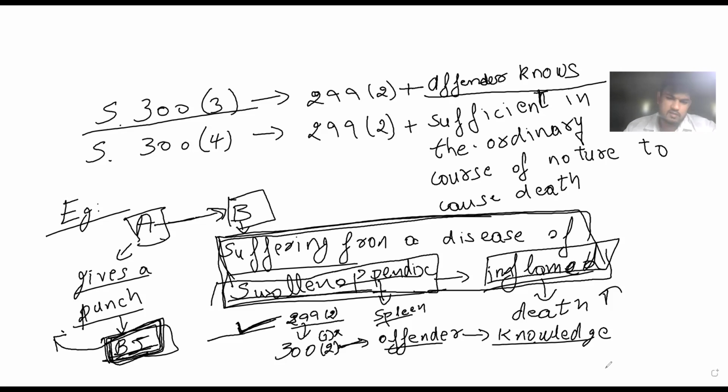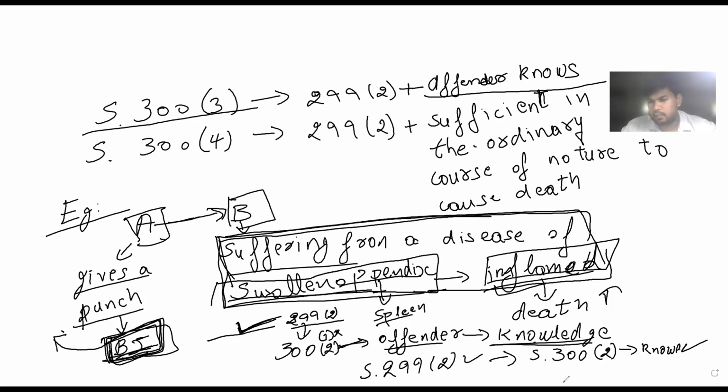The answer is yes. The offender knew about the disease. So since section 299(2) is proved, and when we examine section 302, knowledge is also proved, we say that the accused is liable under section 302, that is punishment for murder.